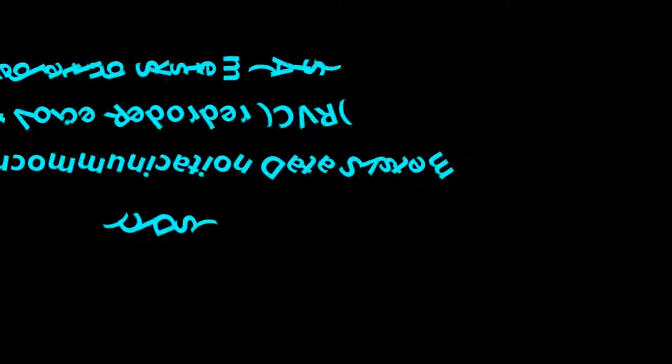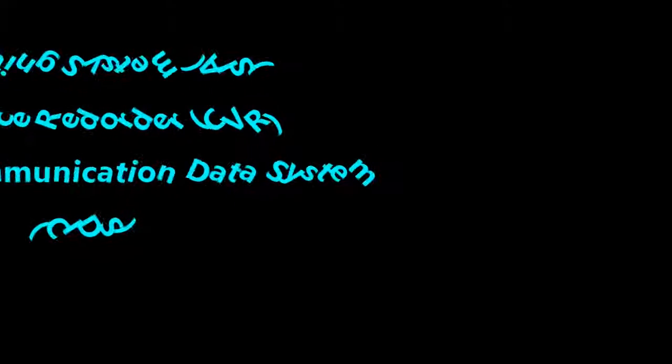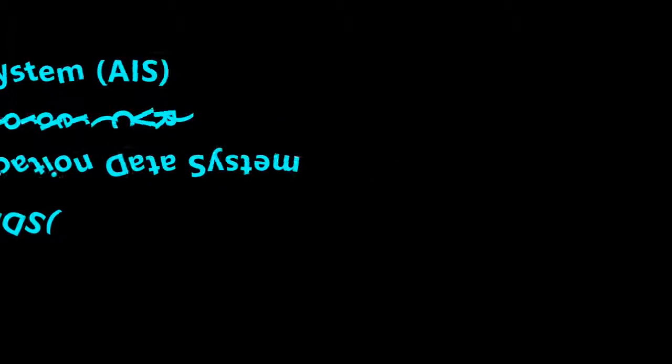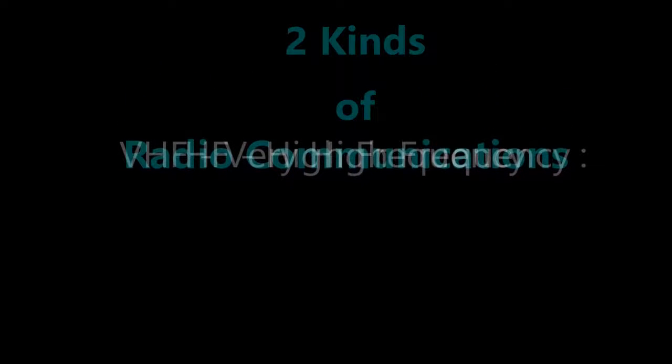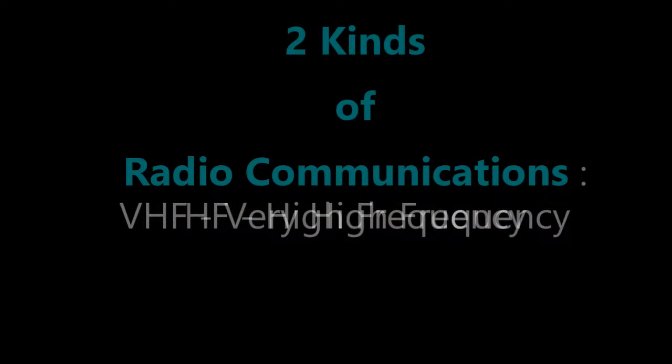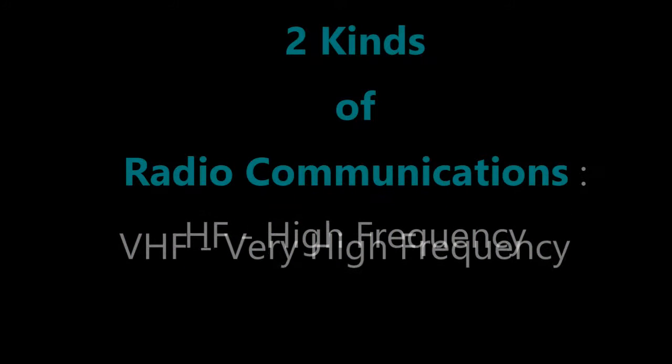Now, the two types of frequency systems I mentioned earlier were your high frequency and your very high frequency system. So when is high frequency used versus very high frequency? It sounds so ambiguous too, right? Certainly we can do the science of it, but you're probably not too interested in that.